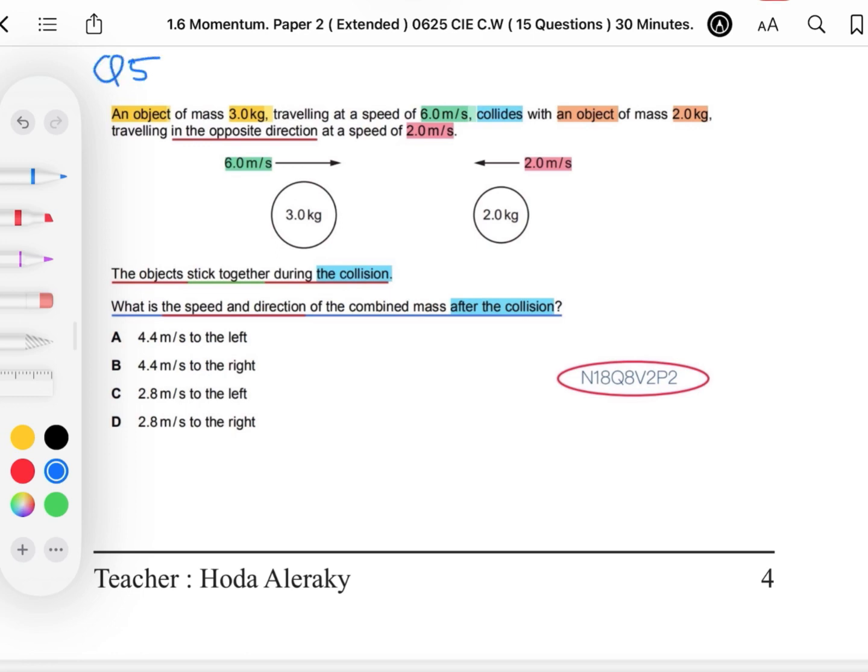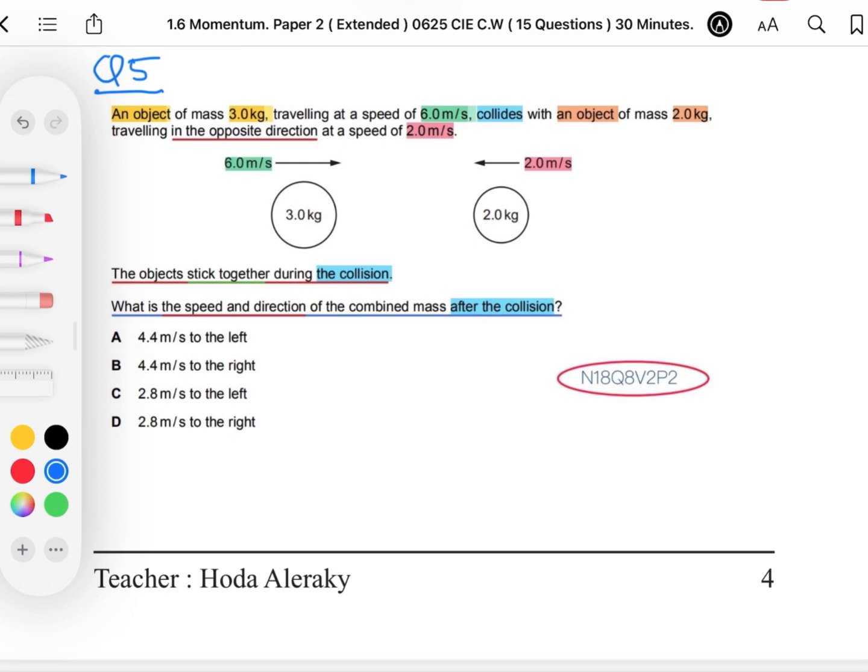Question 5 is a challenging question and is very important. We have here a case of collision. In any question in paper 2 or paper 4 where we have collision, I would like you to apply the principle of conservation of momentum, or the conservation law of momentum.